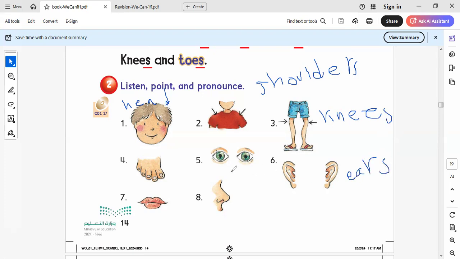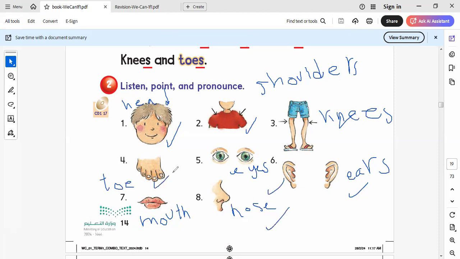Here is eyes. Nose. Mouth. And see here, two. We say two because we have one here only, not two. This is the parts of the body: head, shoulders, knees, ears, eyes, nose, two, and mouth.